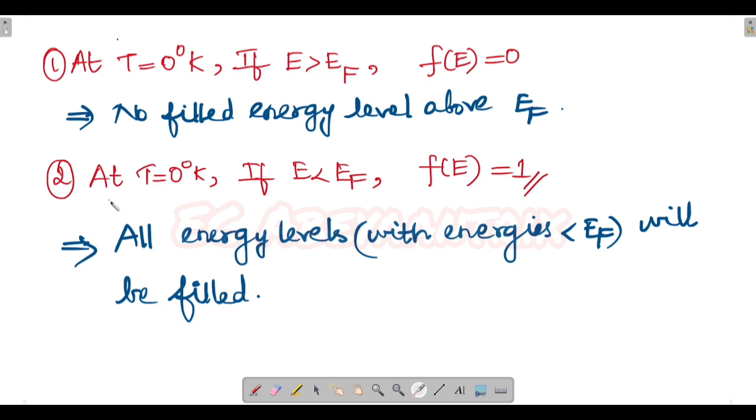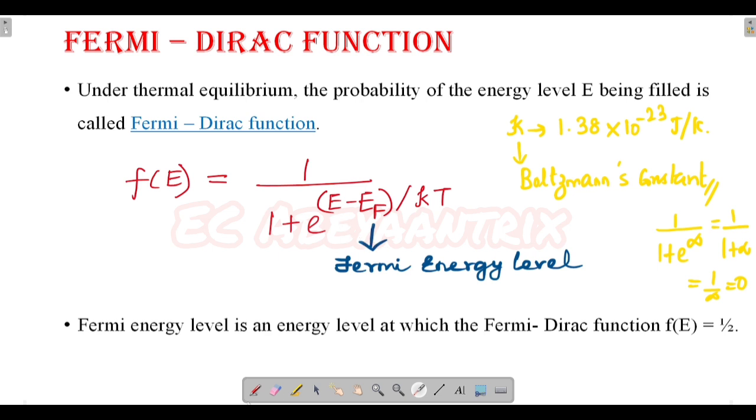Coming to the second case, at the same temperature of 0 degree Kelvin, if the energy level is less than the Fermi energy level, that is E is less than EF, what happens to this equation? If E is less than EF, this term will be negative. So 1 by 1 plus e power, this term will be negative, any number, but divided by the temperature 0, it is infinity.